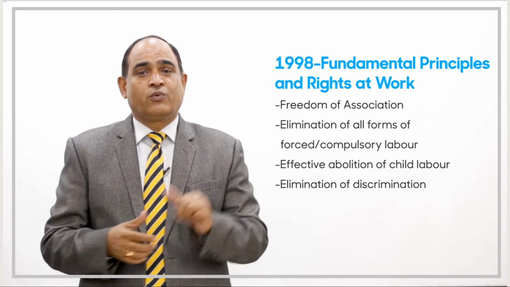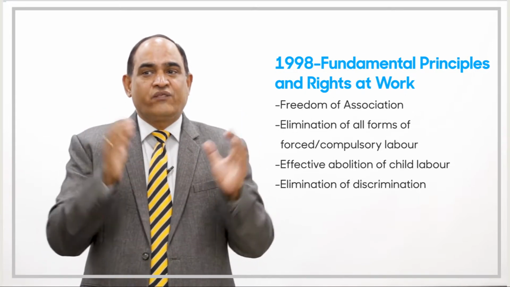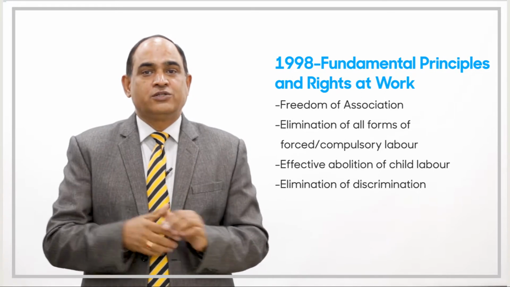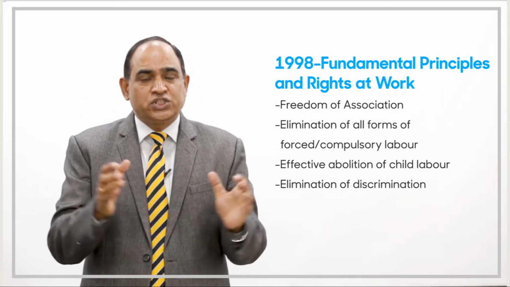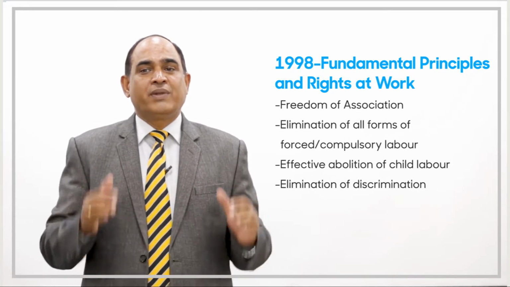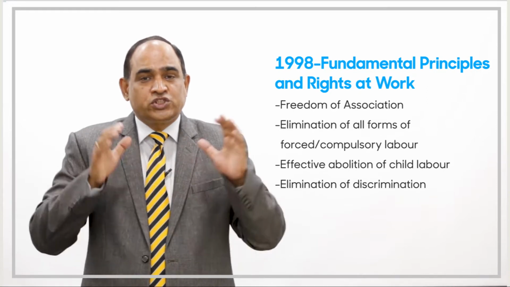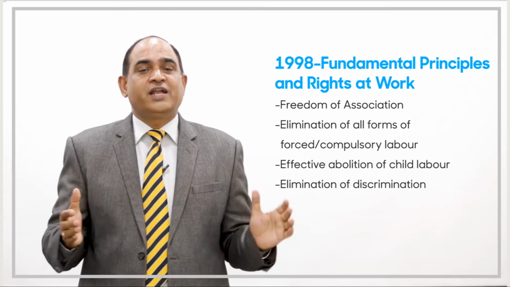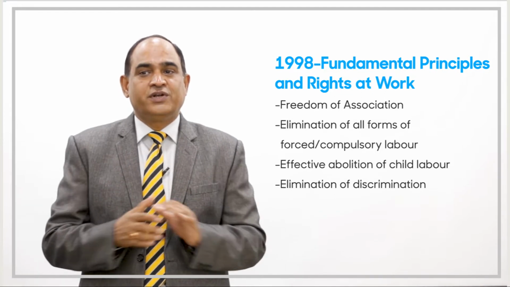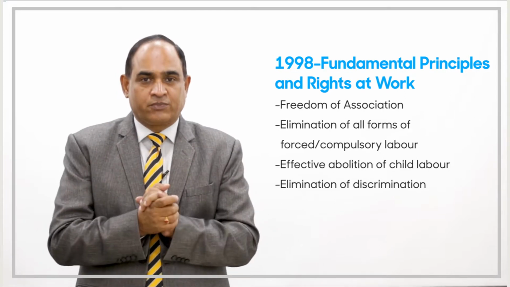They include: one, freedom of association and effective recognition of the right to collective bargaining; two, elimination of all forms of forced or compulsory labour; three, effective abolition of child labour; and number four, elimination of discrimination in employment and occupation.